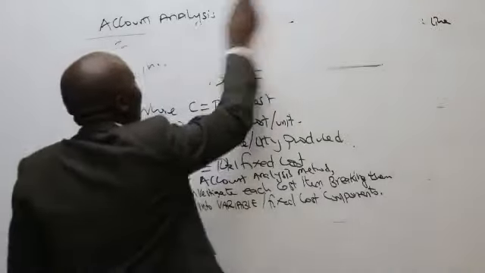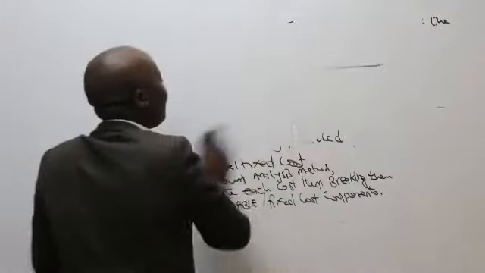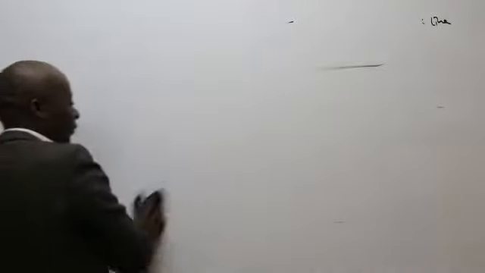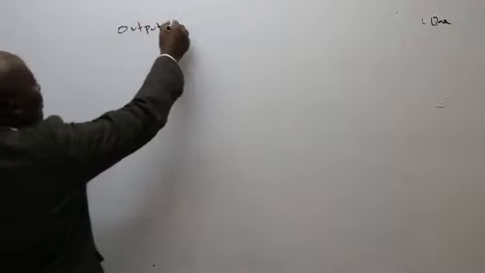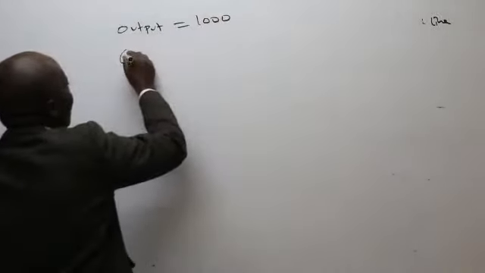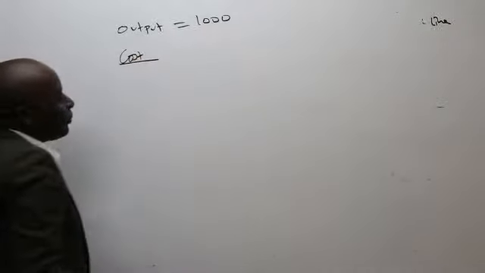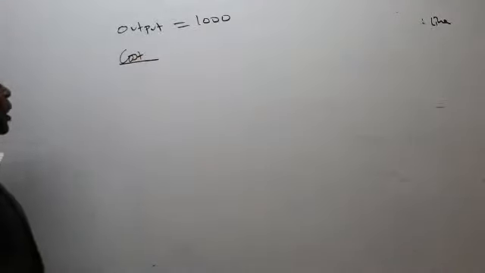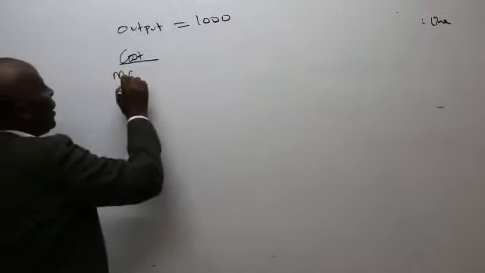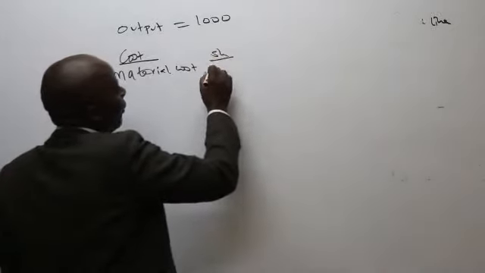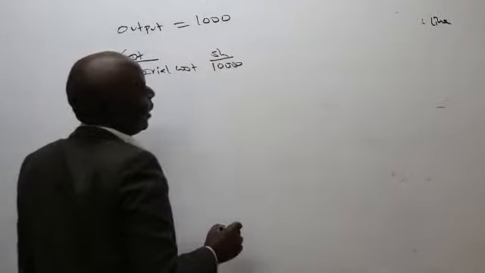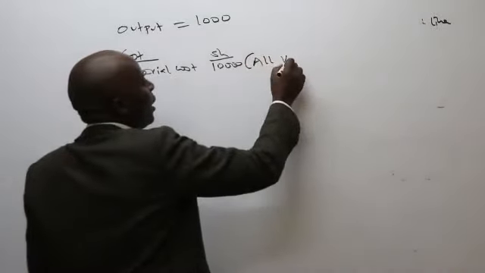So, exercise. Consider the following information. The output was 1,000 units. We have the costs, of which we shall begin with material cost. Material cost in card, we have here shillings 10,000, all variable.